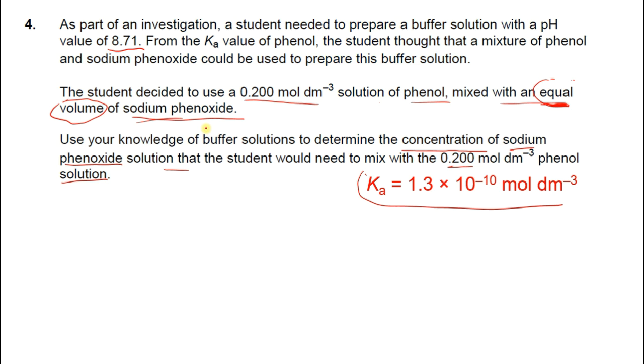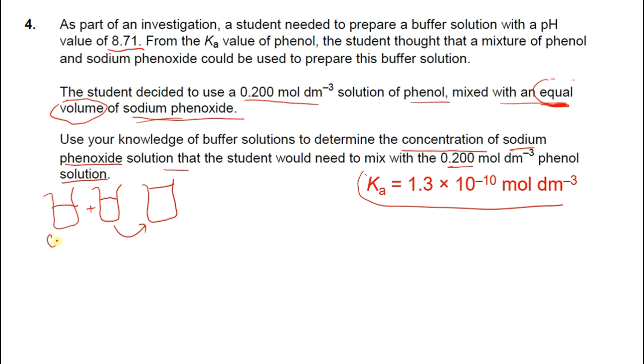So what this means is when you take some solution of phenol, and then you have the equal volume, and when you mix them together in a bigger beaker, this is twice the volume, but the concentration goes half.